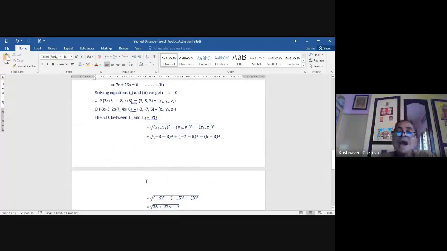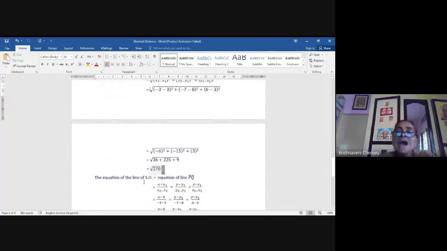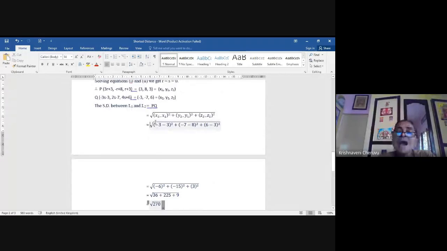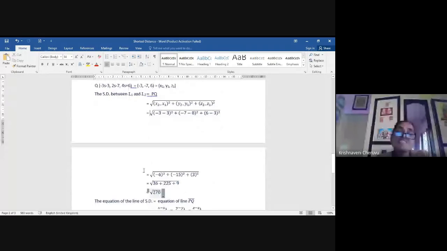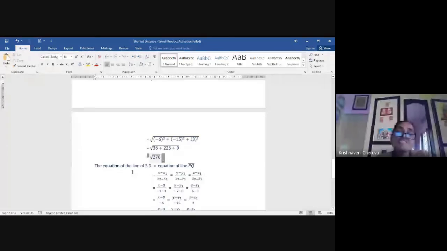Now, the last part of the problem. He asked you not only to find the shortest distance, he also asked you to find out the equation of the line of shortest distance. Okay, so equation of the line PQ. The other day I discussed with you in the revision also. Line joining 2 points, if you know, you can write the formula like this.